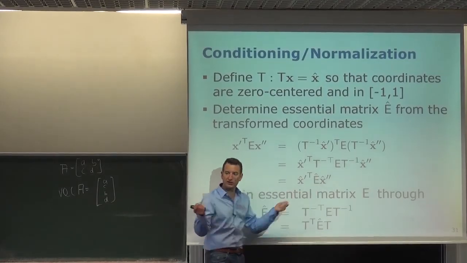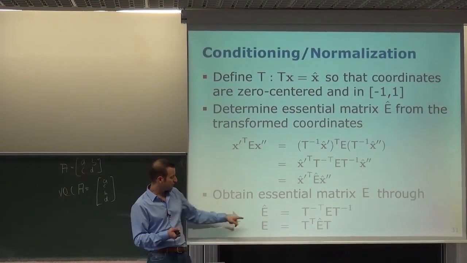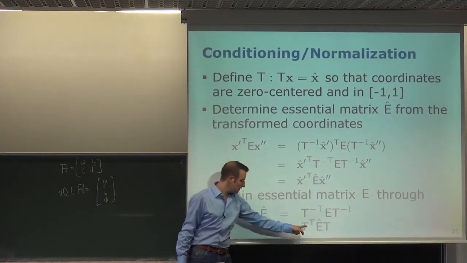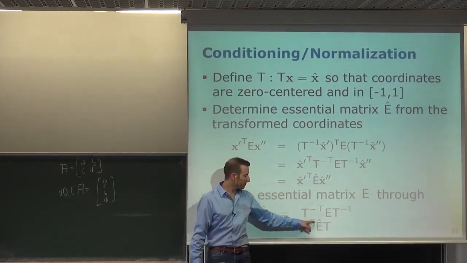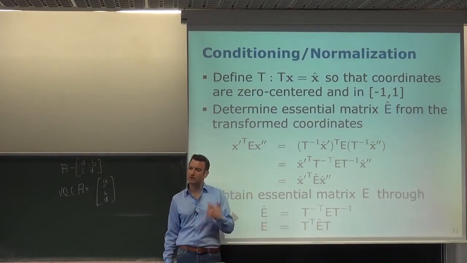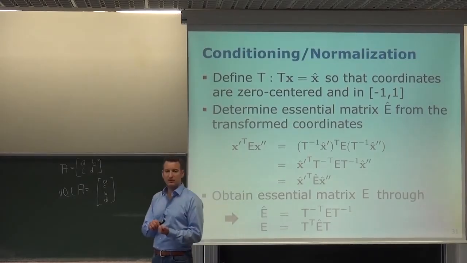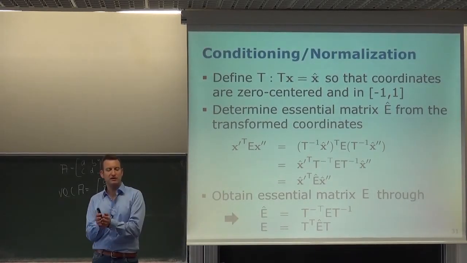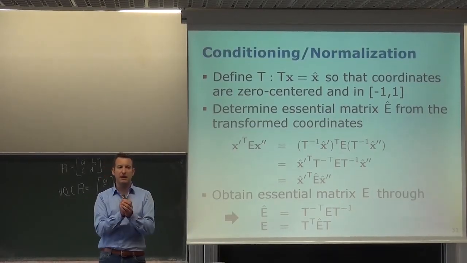This is just the product of the essential matrix with the transform. So if I want to convert from the essential matrix that I estimated to the original essential matrix, I just have here T transposed T. So there's a very easy mapping between this transformation and the essential matrix that I computed, because I computed the essential matrix for this different coordinate system, and so I need to do the mapping back.